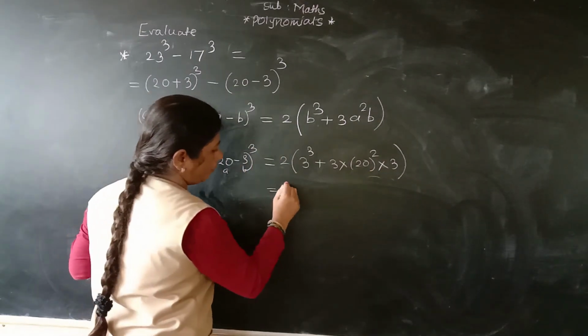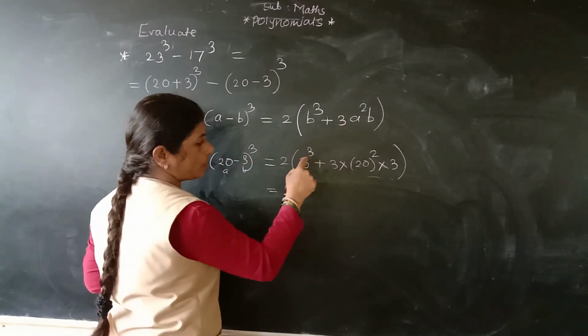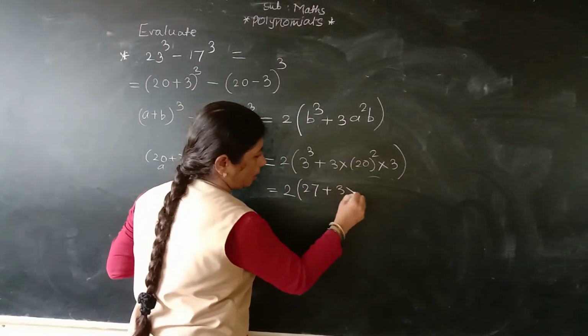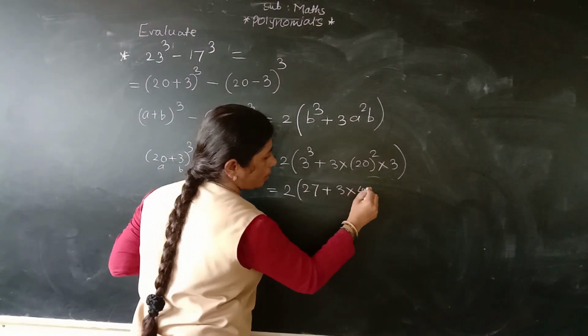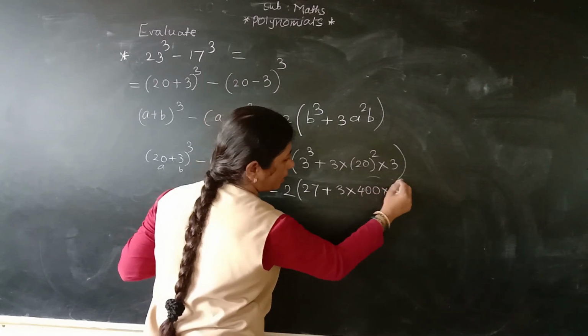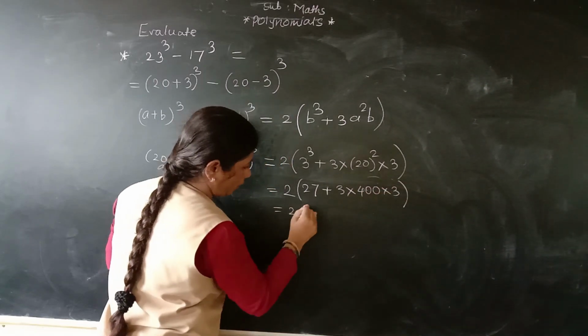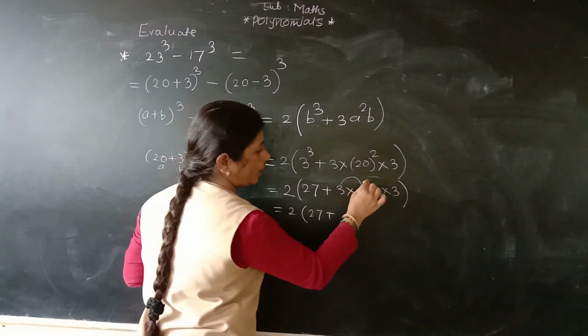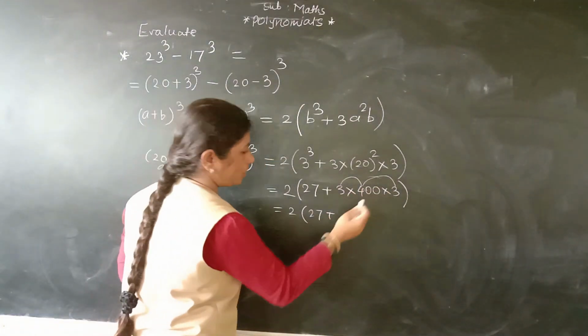Now here we will make the calculation. 3 cube is 3 3s are 9, 9 3s are 27 plus 3 into 20 square is 400 multiplied by 3. Okay. So here 2 into 27 plus 3 4s are 12, 12 3s are 36, and this 00.